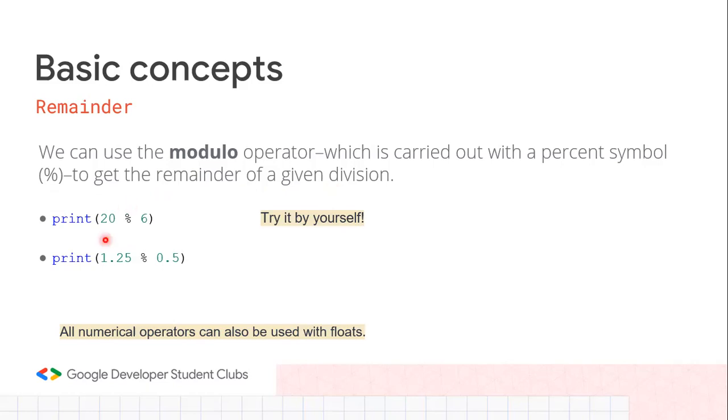So if we would like to find the remainder in Python programming, we can also use the percent symbol, like in this example: print 20 modulo 6. This is the time to try by ourselves.